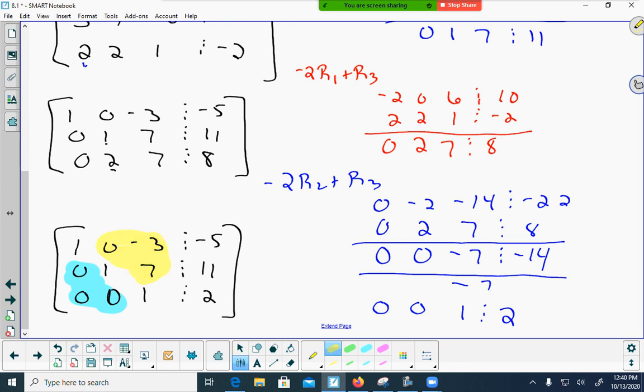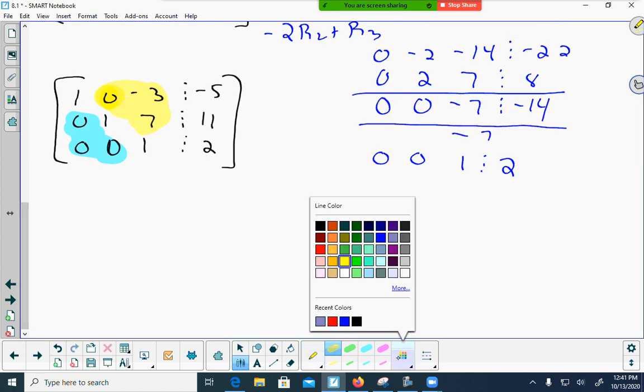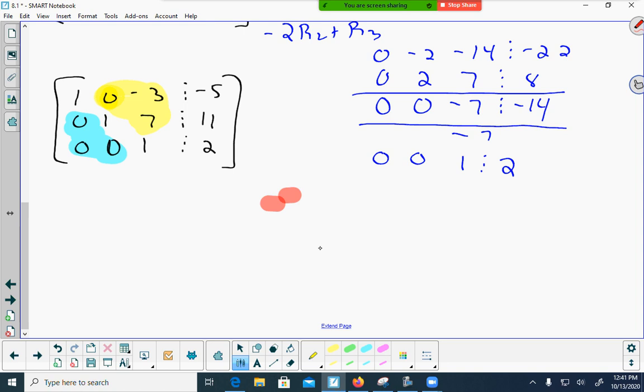Yes? So would you do -7 times row 3 plus row 2? -7 times row what? Row 3. Yes. And I don't have to do anything. This 0 is already here, so I don't have to do anything for that. That was a bonus too. So what he just said was -7 times row 3 plus row 2, because I'm fixing column 3.